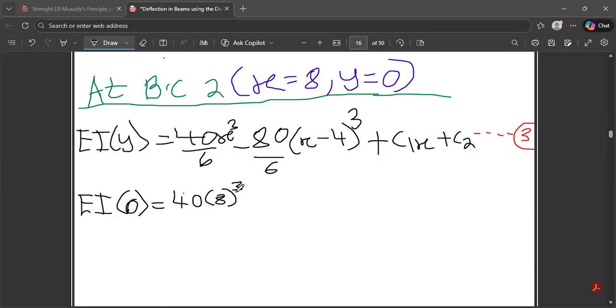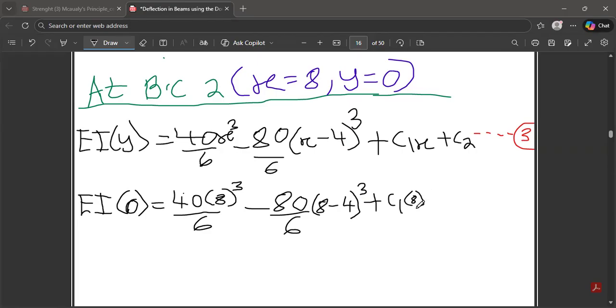So 8 cubed all over 6, minus 80 all over 6 times (8 minus 4) all cubed, plus C1 multiplying 8, plus C2.